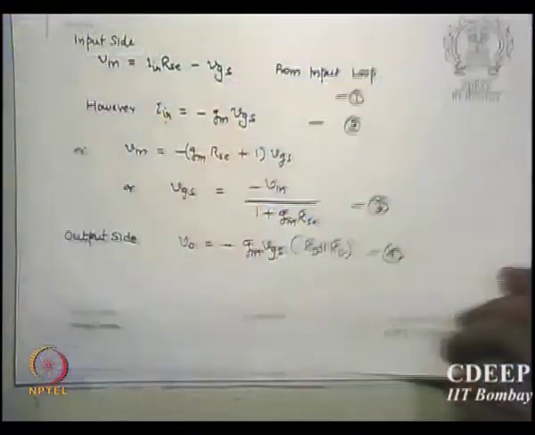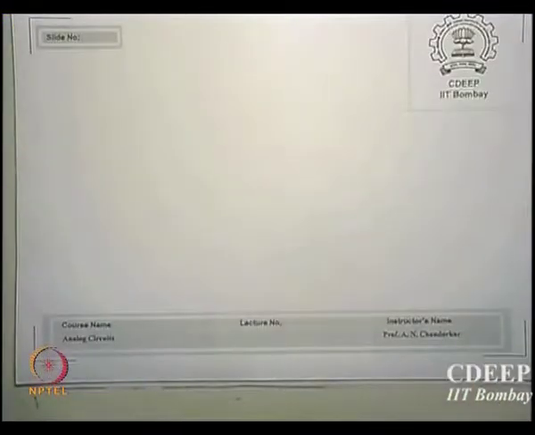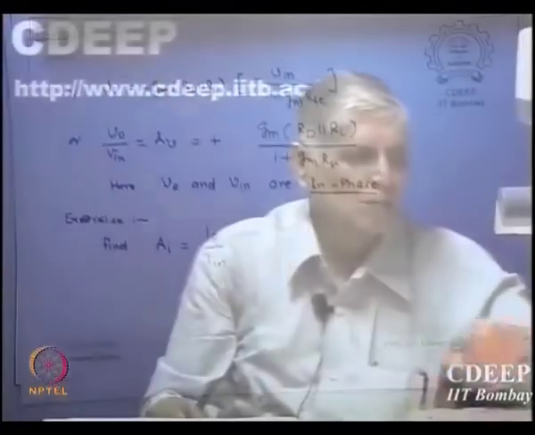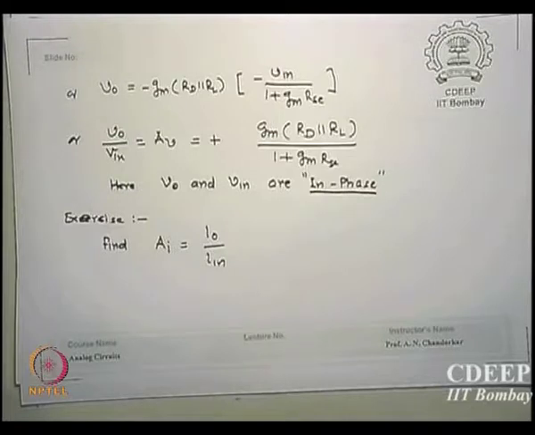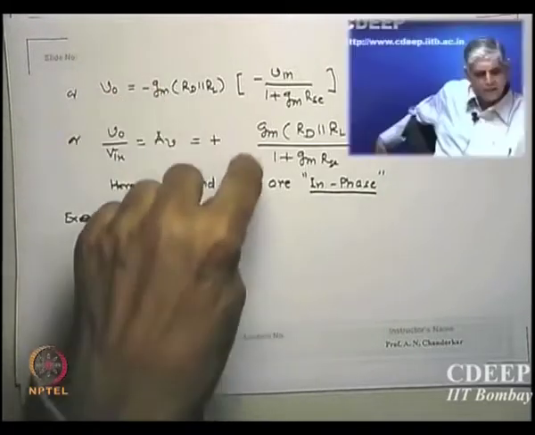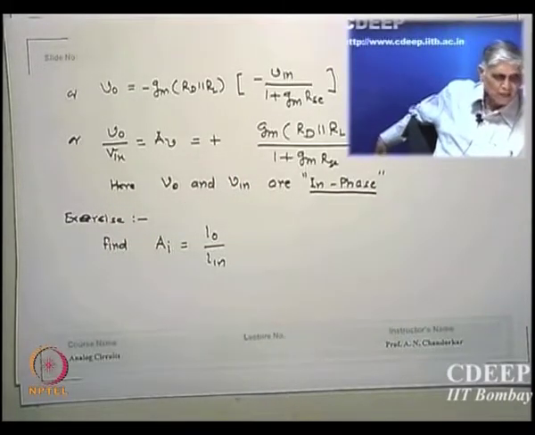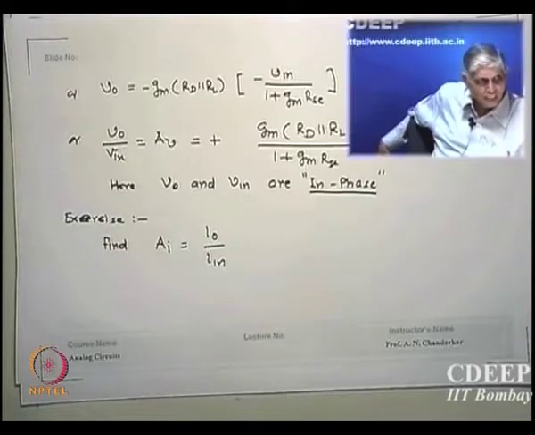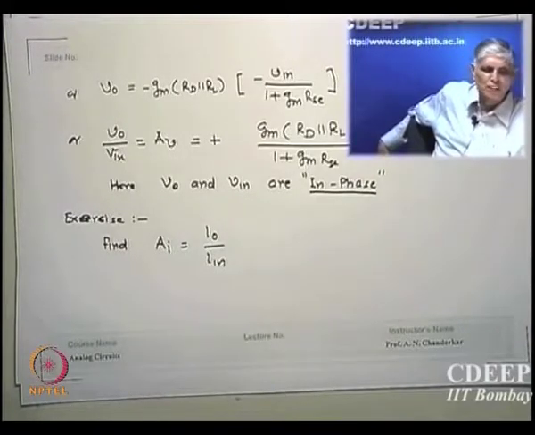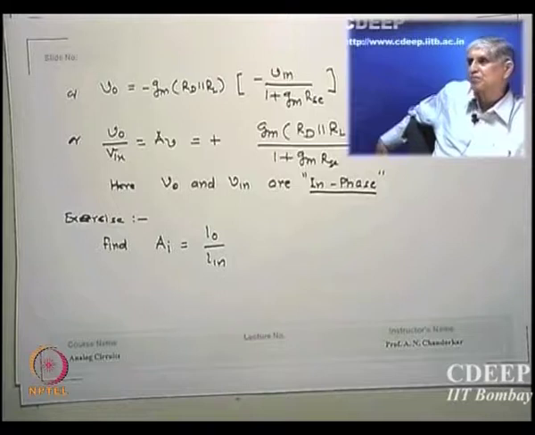Because it is minus, we will put this minus in it, so that it may become plus. So V0 is minus GM RD parallel RL into minus Vin upon 1 plus GM RSC. So the voltage gain is plus GM RD parallel RL upon 1 plus GM RSC. Please remember once again, V0 and Vin are in phase.